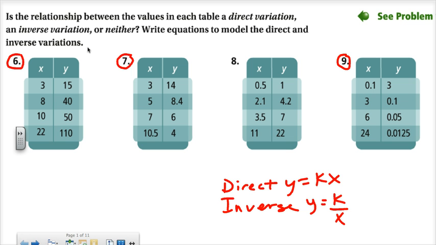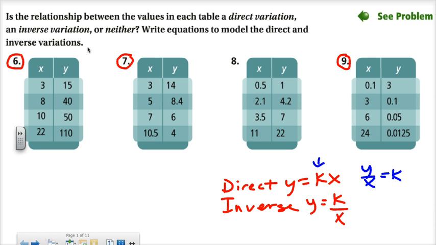And when you look at the tables, you realize what you're looking at is x and y. So we really want to see what x and y do together. If this is direct variation, what we want to see is k by itself. Well, we'd have to divide both sides by x, and that would give us k, which is a constant of variation.